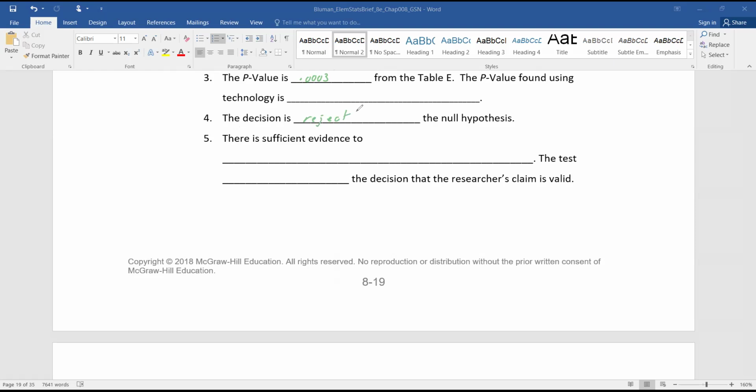Hands down, with a 0.03% probability of being wrong, I'm confident that I can reject the null hypothesis here. And again, it's a highly significant difference.